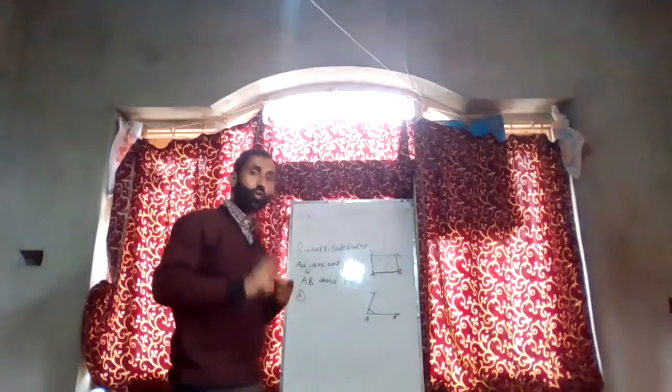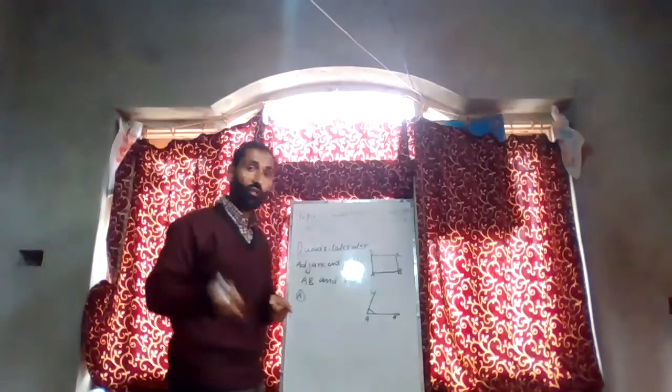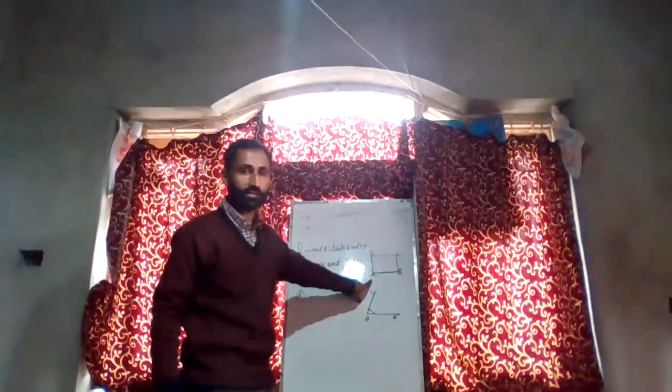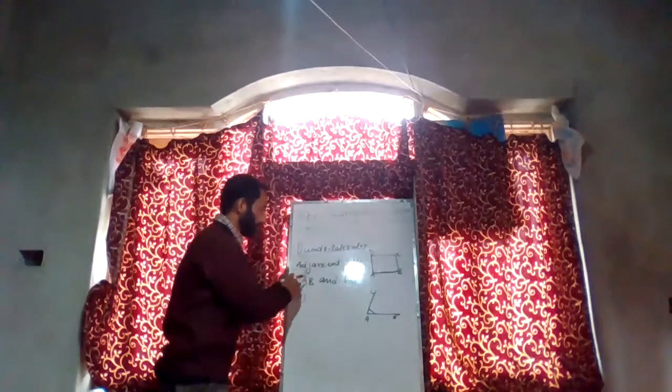The point where the two sides meet is called a vertex.